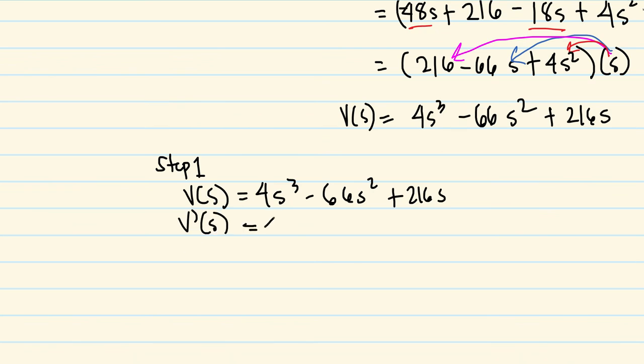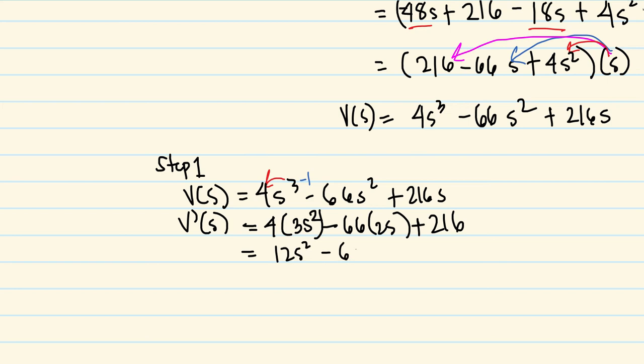So once again we separate, bring it down, and subtract 1 from the exponent. So 4 times 3 is 12s squared minus 132s plus 216.